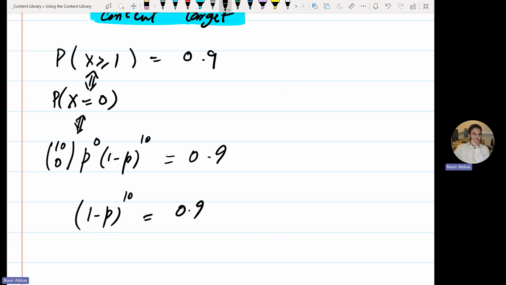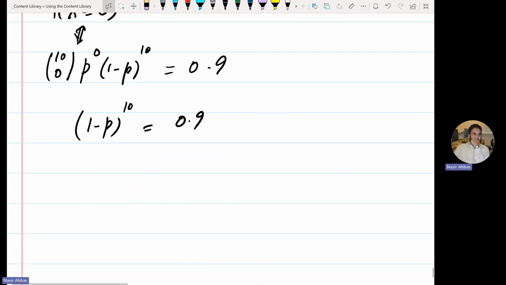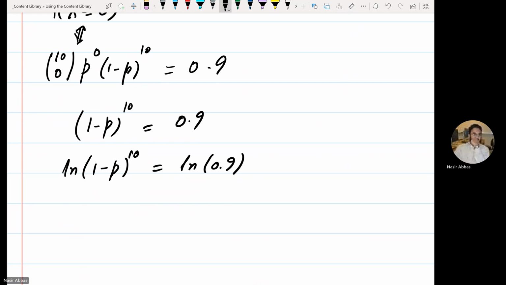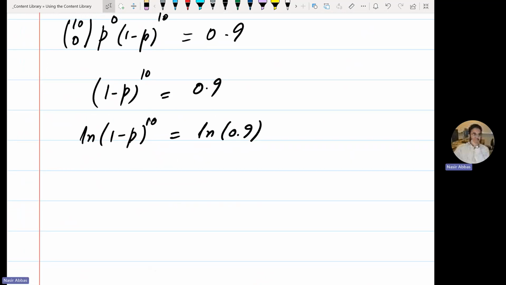How can you solve this one? Calculus 1, Math 101. Log. No, not 101 even. 001. Log. So log of 1 minus p to the power 10 is log of this one. Then what? Use the property of the log. Log of a to the power b is what? Right? Divide both sides by 10.